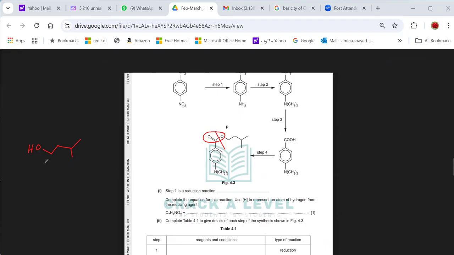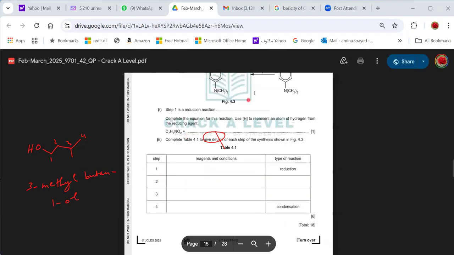So we have to add 3-methylbutan-1-ol to the carboxylic group. And so we will get the ester that they want, and this is a condensation reaction, as they said.